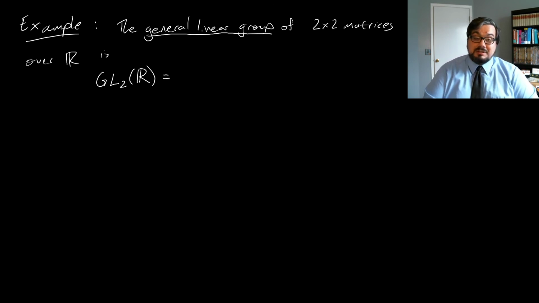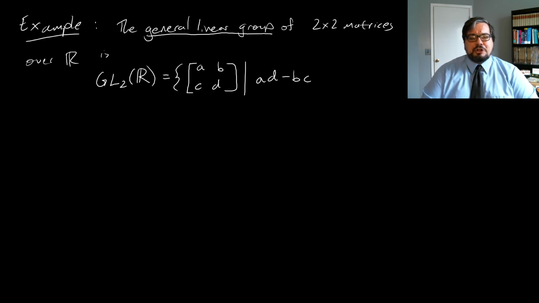GL stands for general linear group, 2 indicates that we're looking at 2 by 2 matrices, and the R tells us that we're working with entries in the real numbers. It's the set of all 2 by 2 matrices A, B, C, D that have a non-zero determinant.